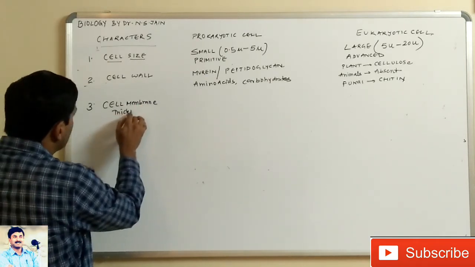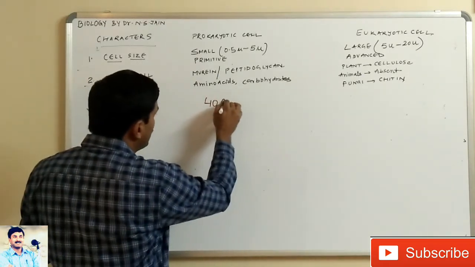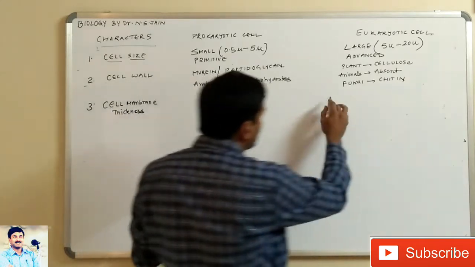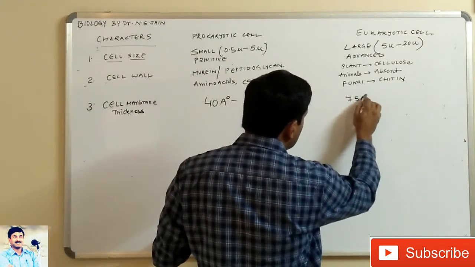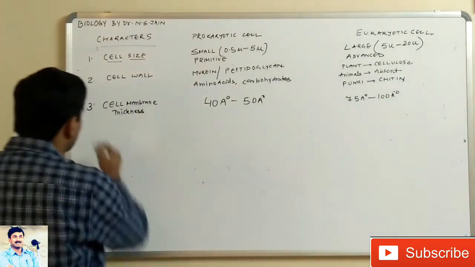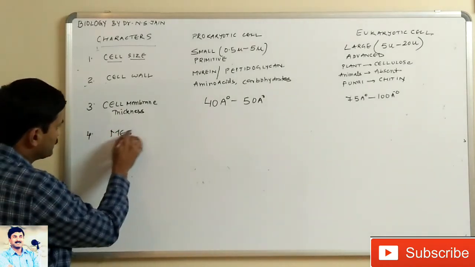What is the thickness of the cell membrane? Here the thickness is 40 angstrom to 50 angstrom, while here the thickness of the cell membrane is 75 angstrom to 100 angstrom. Fourth point, mesosome.